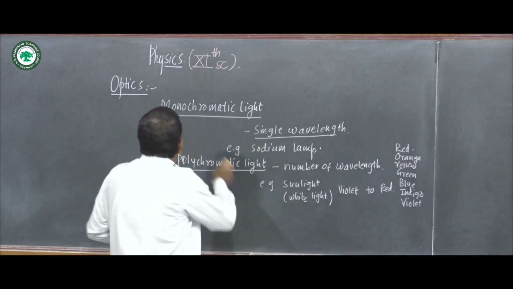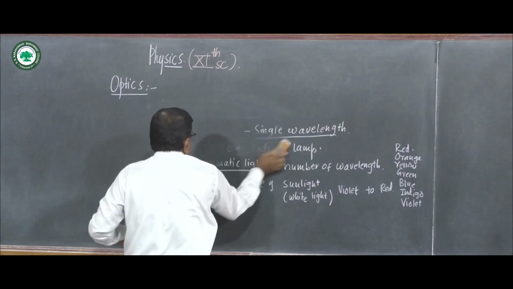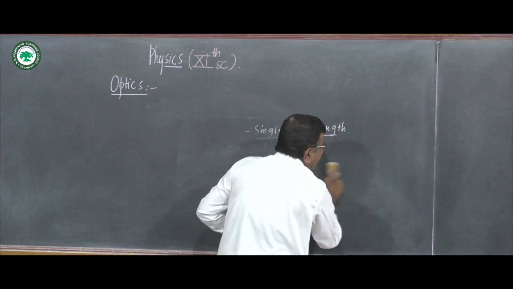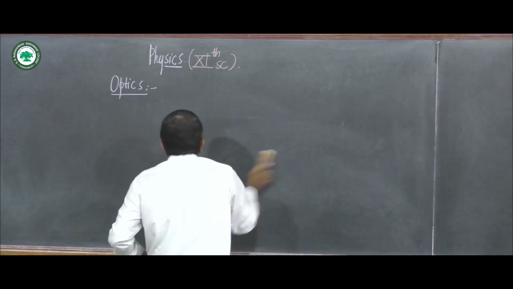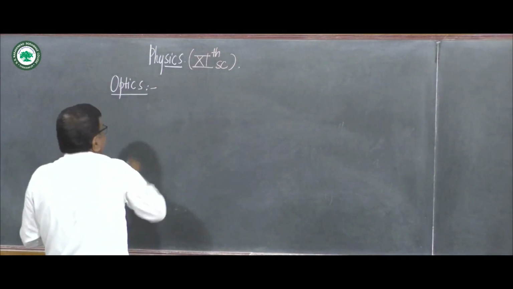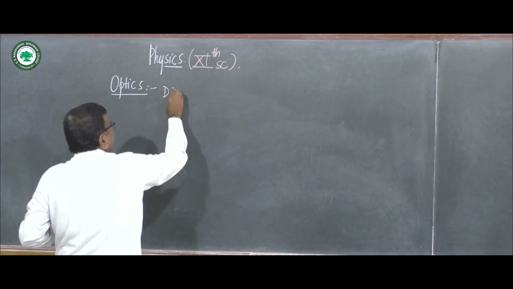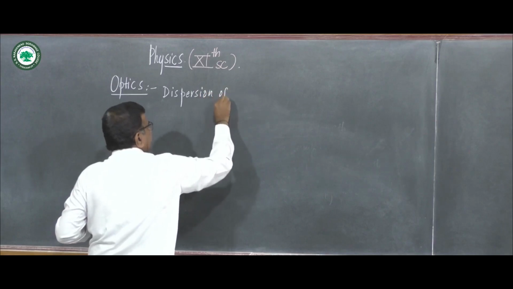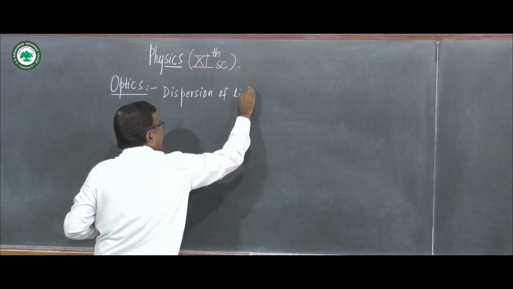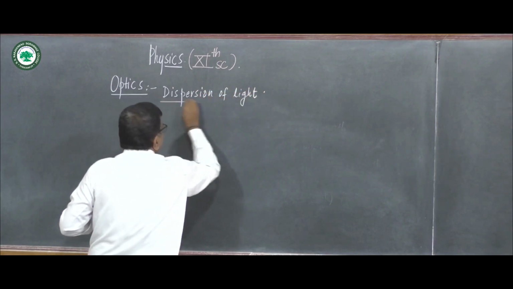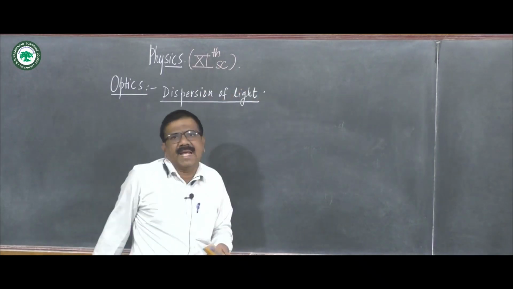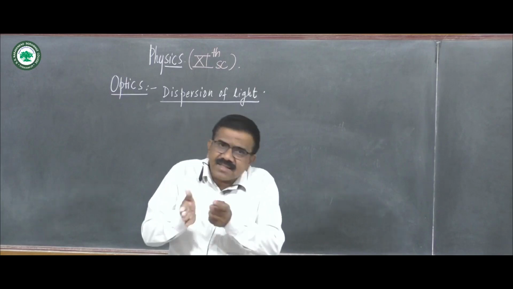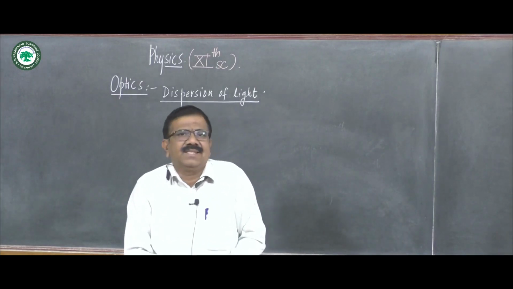Now we study one important phenomenon related with light, that is the dispersion of light. Very interesting phenomenon. You know white light is a polychromatic light. It consists of 7 different colors.